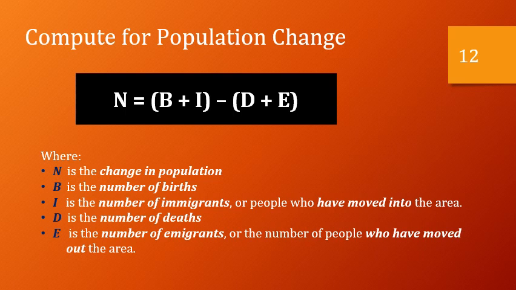And D is of course the number of deaths, and of course we also have the E, which is the number of emigrants or the number of people who have moved out of the area.